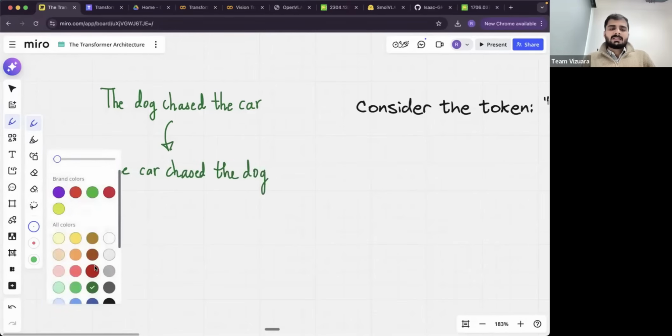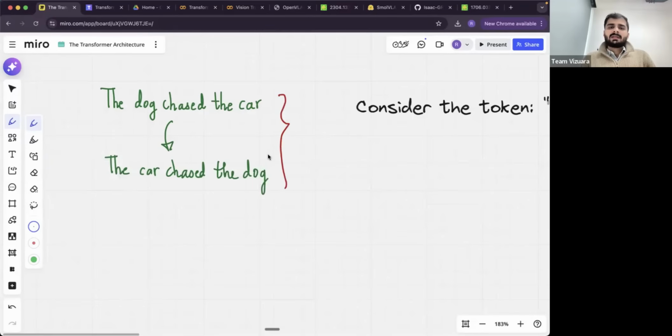Now, both of these sentences contain the same tokens, and when you convert them to a token embedding, they will probably look something like this. So this is the token, let's say, dog, this is chased, and then we have car.